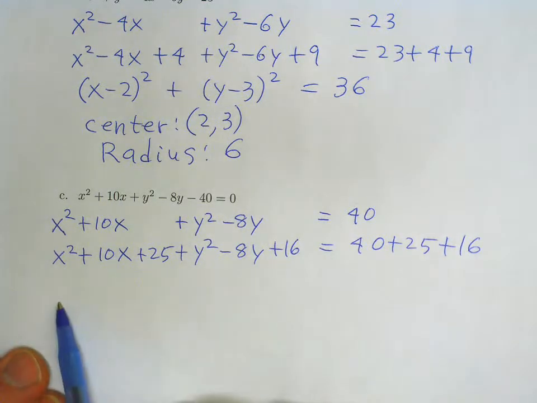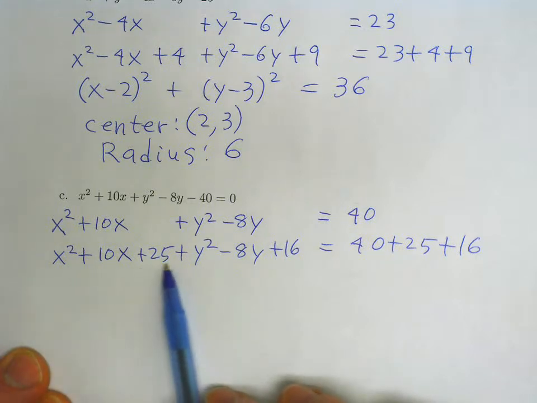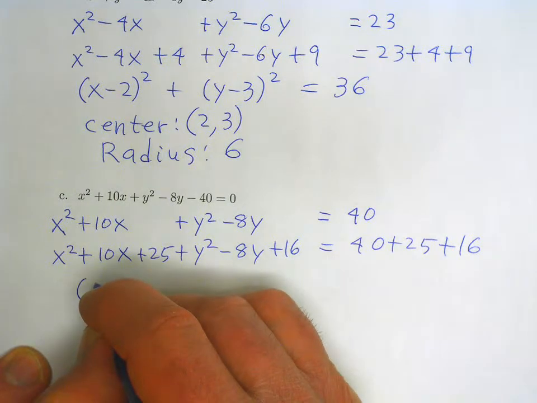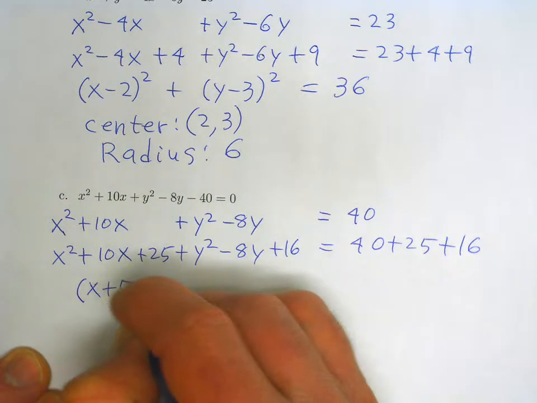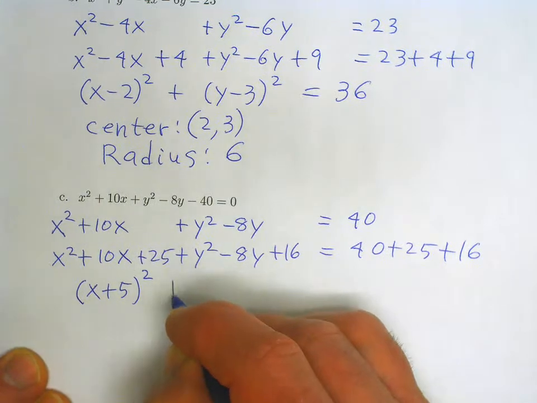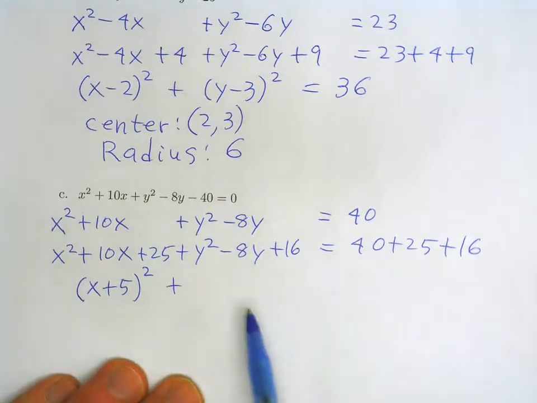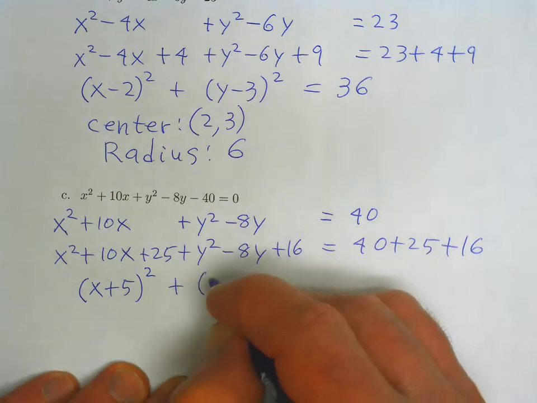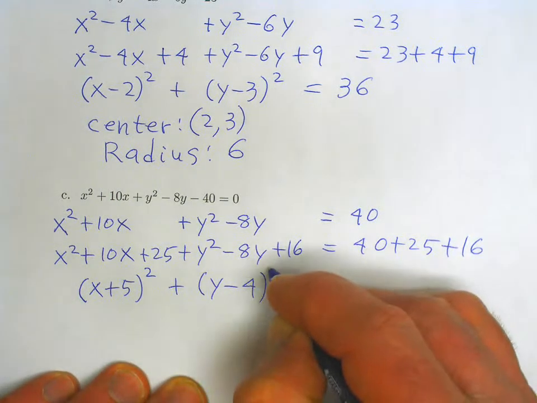And then the next step is the standard equation. X squared plus 10x plus 25 is equivalent to squaring the binomial x plus 5, and then plus y squared minus 8y plus 16, that's equivalent to y minus 4 squared.